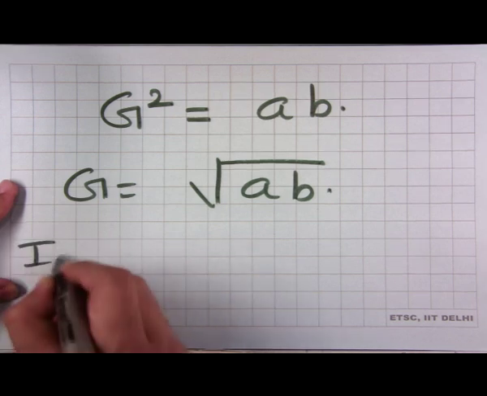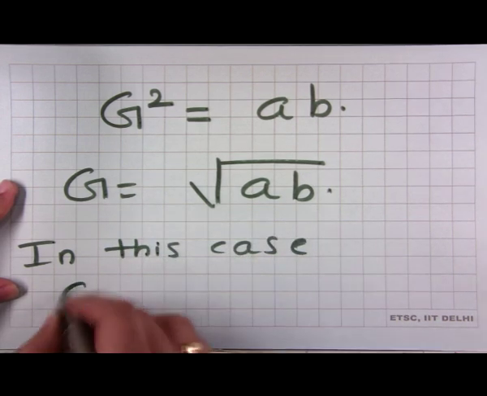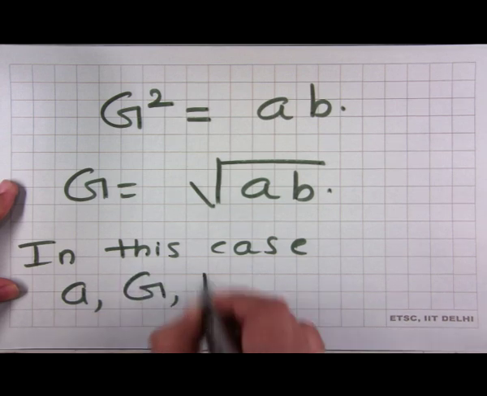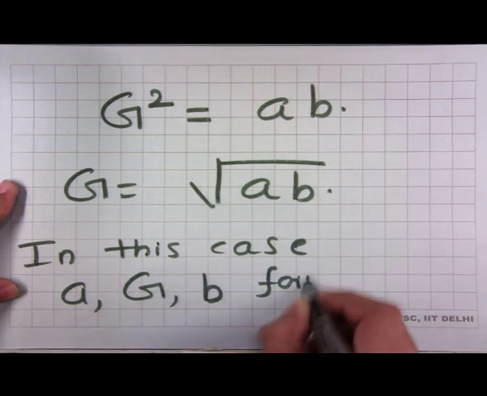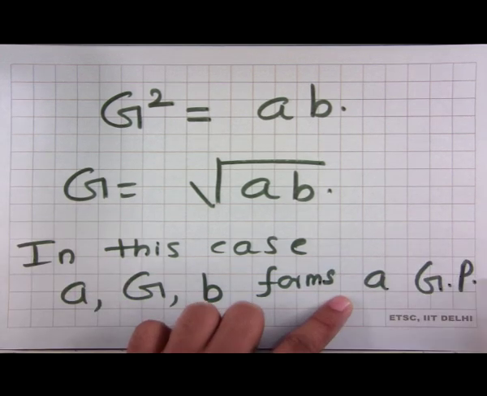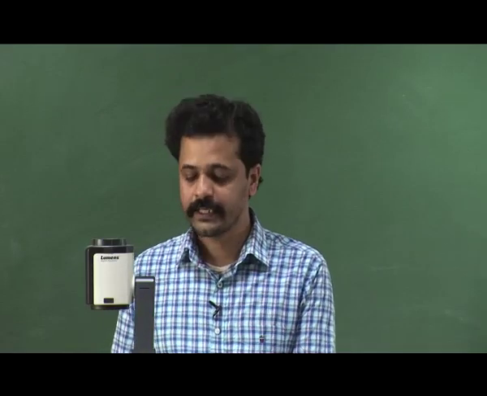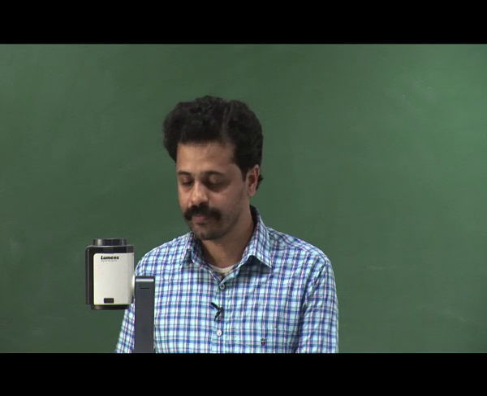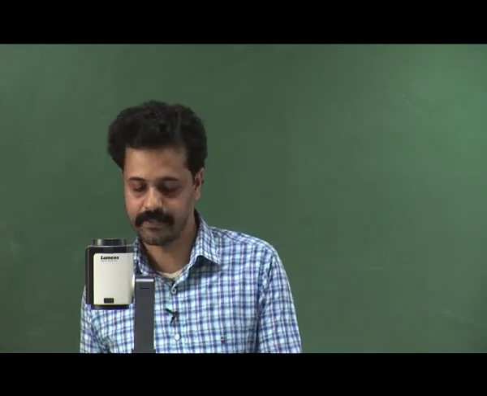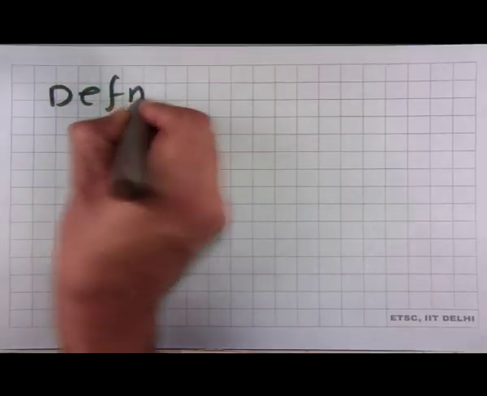In this case, A, G, B form a geometric progression, and this G is referred to as the geometric mean of the given positive numbers. Let me record it as a definition.